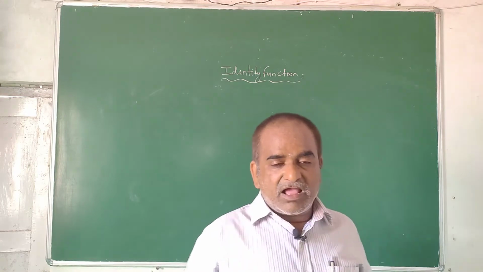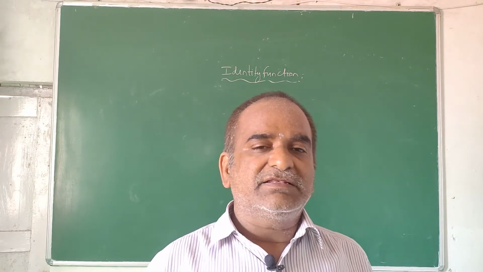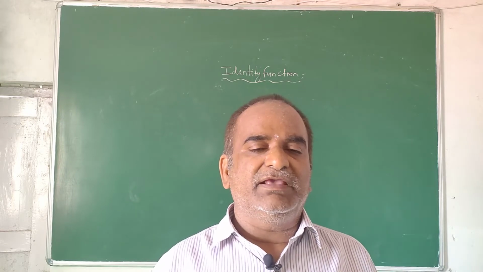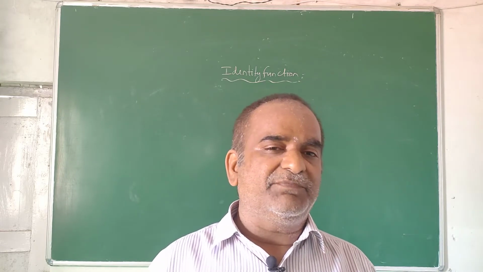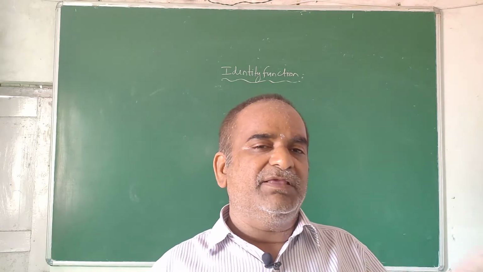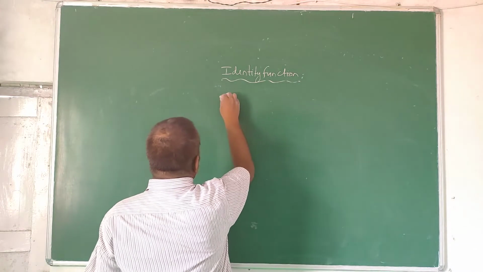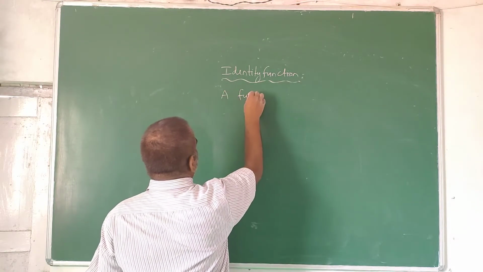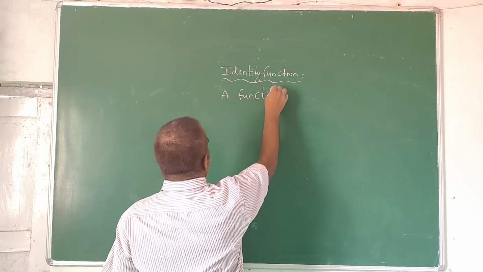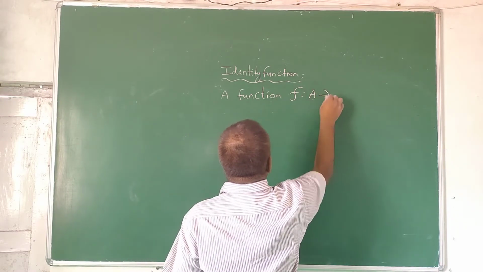So in a usual function, that function will be from like A to B, C to D, like that. But in identity function, it will be from A to A or B to B or C to C, like that. So a function f from A to A.